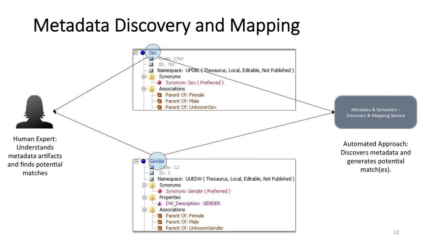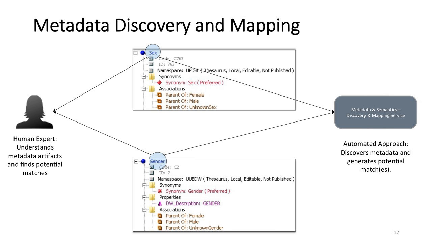So what we are planning to do is, in a sense, parallel and similar to what a human expert might try to do. When a human is trying to harmonize data from 2 or more sources, what the human expert would do is first try to understand what that specific field means, collect all relevant metadata surrounding that field, and then use it to find potential matches.